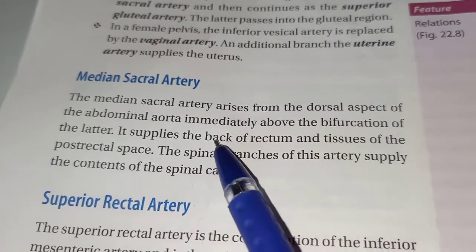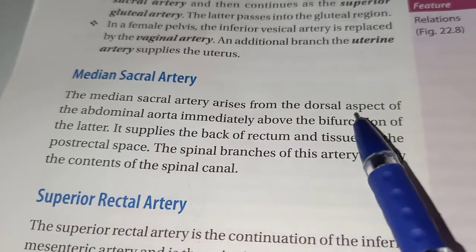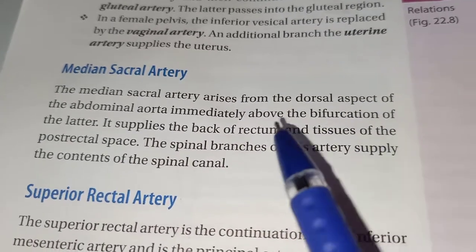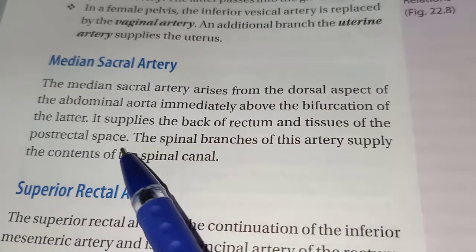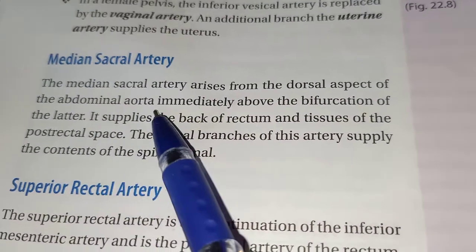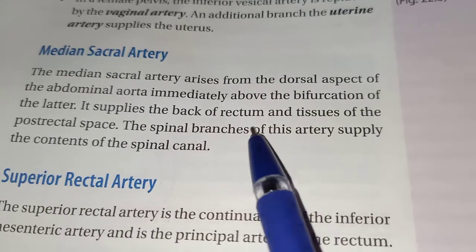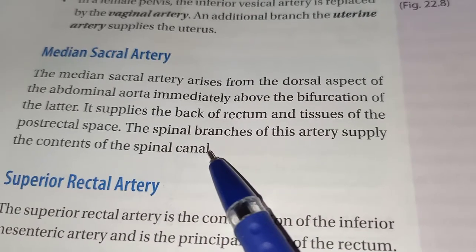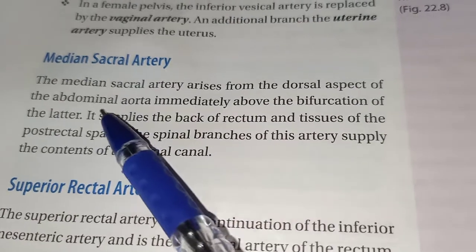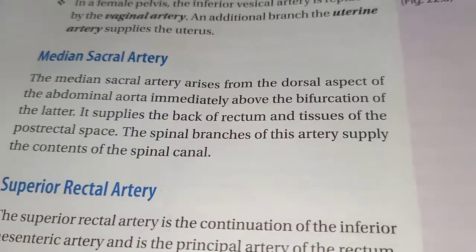It is an unpaired branch from the posterior aspect of the abdominal aorta, just above the bifurcation into the right and left common iliac arteries.